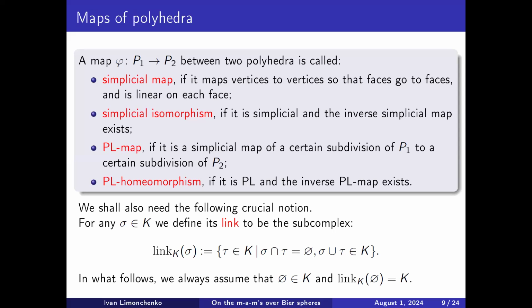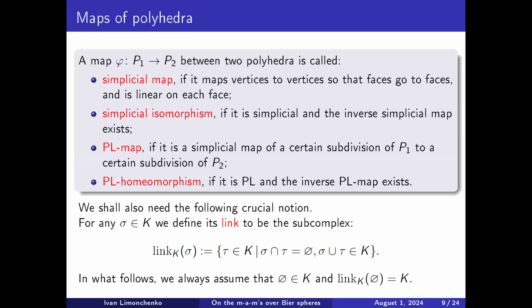Like in the case of abstract simplicial complexes, a simplicial map is just a map from vertex set to vertex set such that simplices go to simplices. And here, of course, it is literally the same. The vertices go to vertices geometrically, and geometric faces spanned by those vertices go to the geometric faces spanned by the image vertices, linearly on each face.